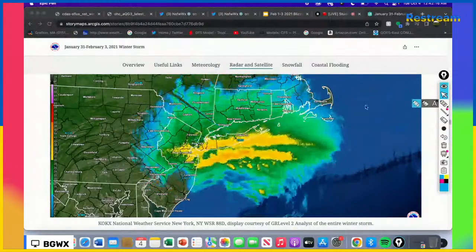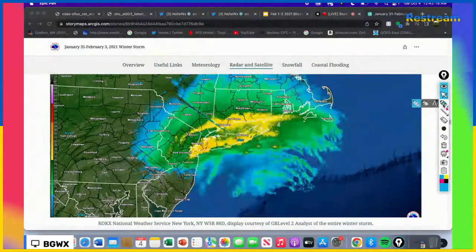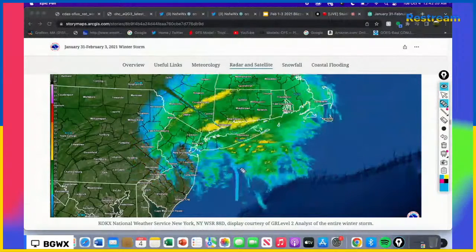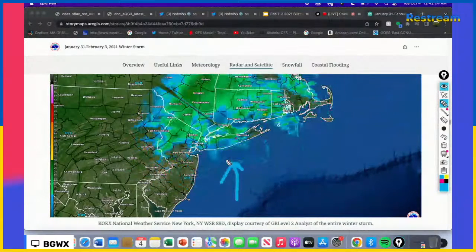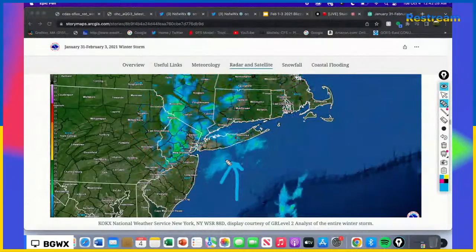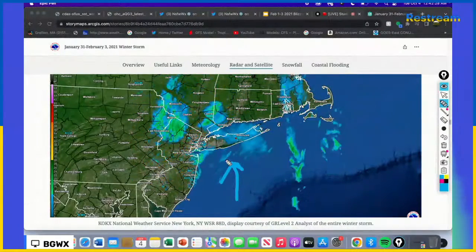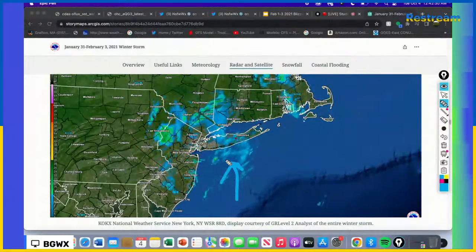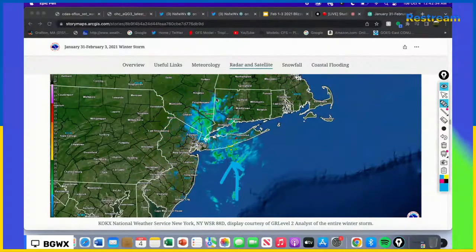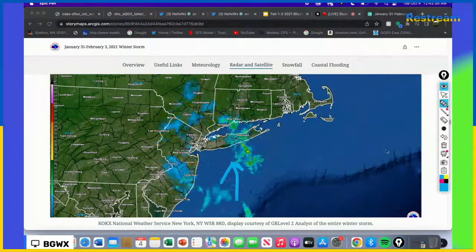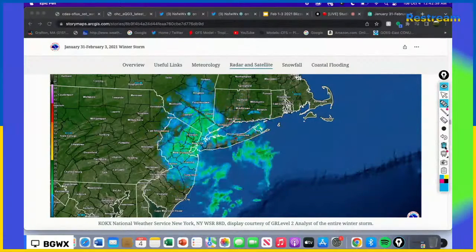That's that fire hose of moisture originally working into the system. Just a fascinating radar loop, really.